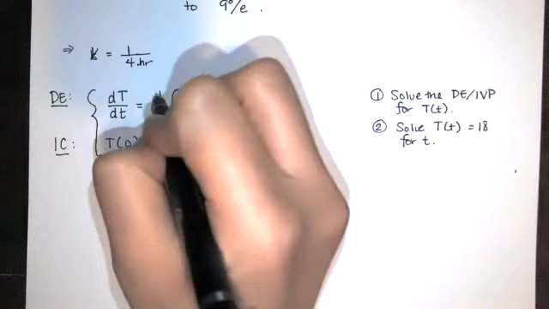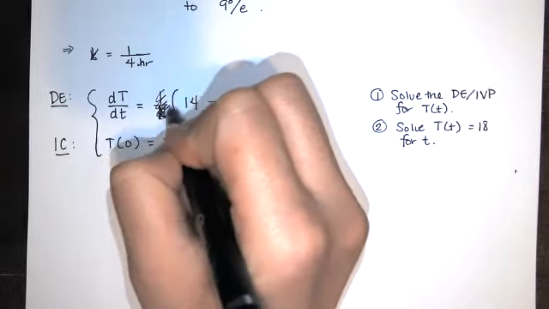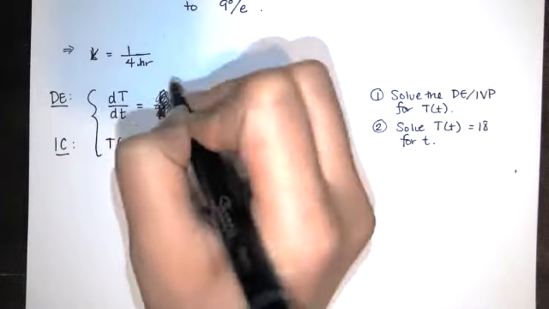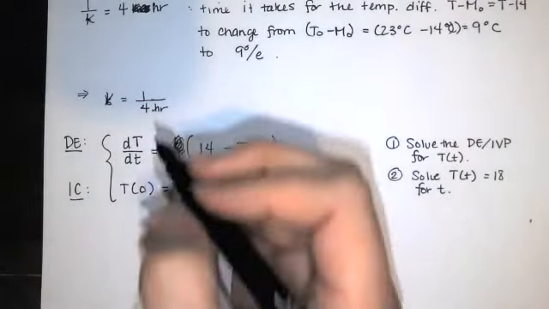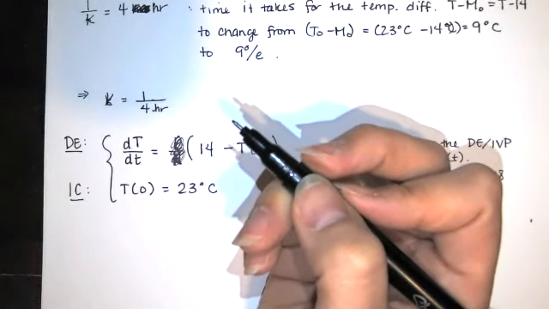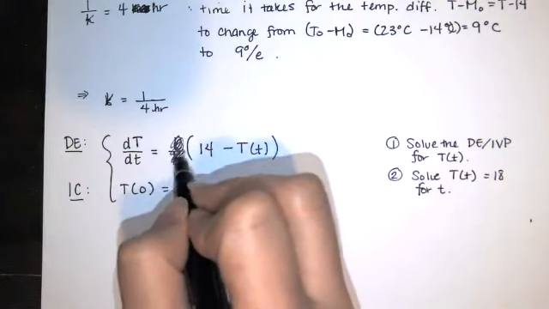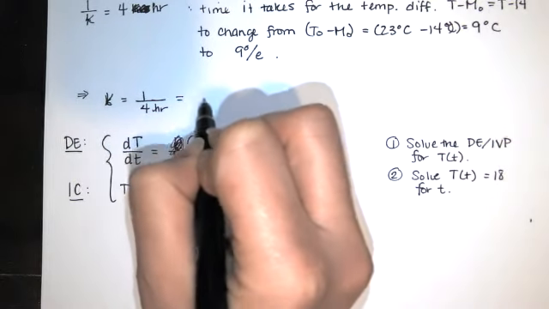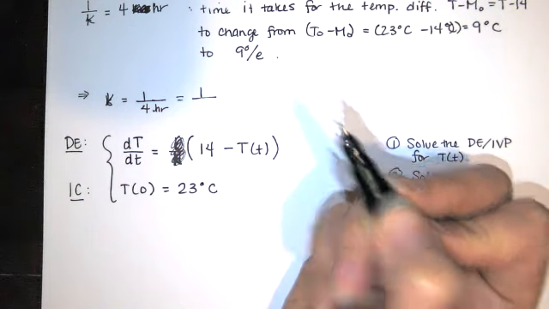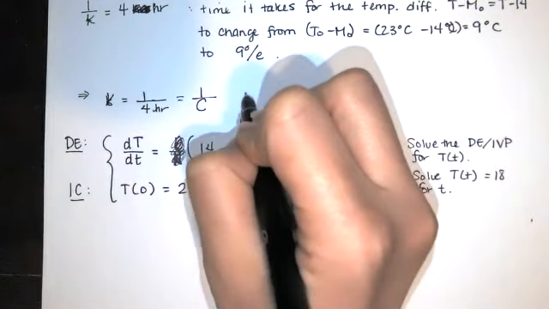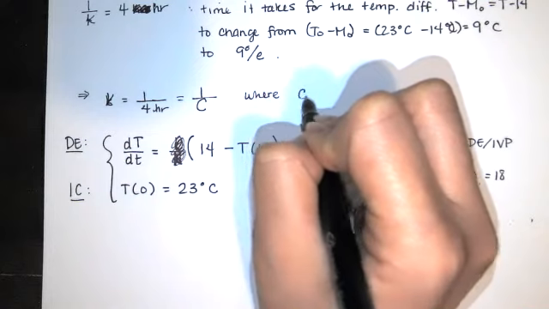Because this is actually equal to K. 1 over K is equal to 4, so K is equal to 1/4. I don't want to use 1 over K here. So I guess I want to use the time constant. So I'll call this 1 over C, where C is the time constant for the building.